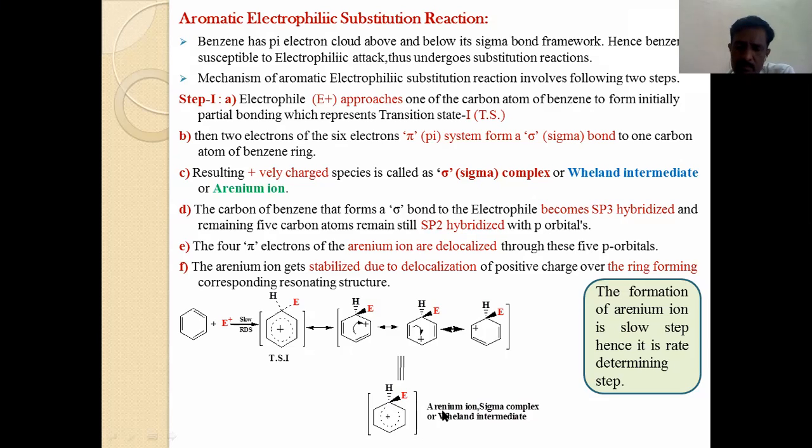This positively charged carbon ion is called an arenium ion. Don't get confused: this arenium ion is also called a sigma complex. In different reference books, this complex is also called the Wheland intermediate. So these are the 3 names for this complex: arenium ion, sigma complex, or Wheland intermediate. Are you clear?